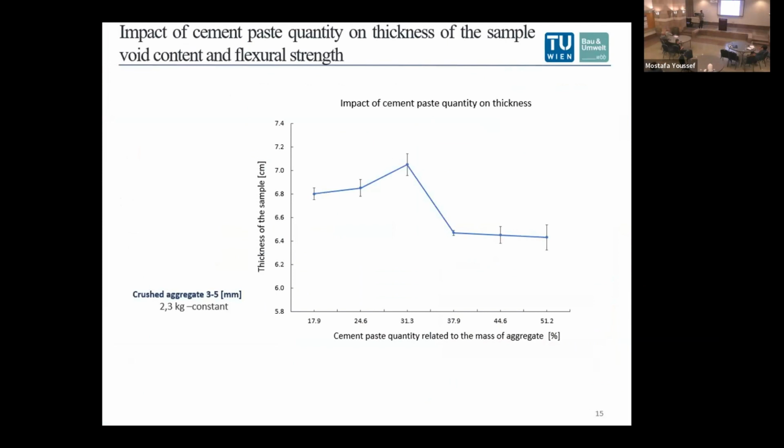Like the compaction in our lab, that's why we use a concrete sample, to have always the same compaction energy, and the vibration energy was always the same. It depends on the grains, depends on the surface area, depends on a lot of parameters.